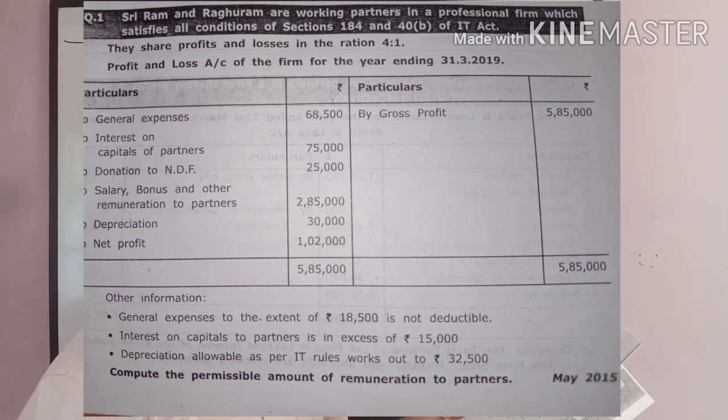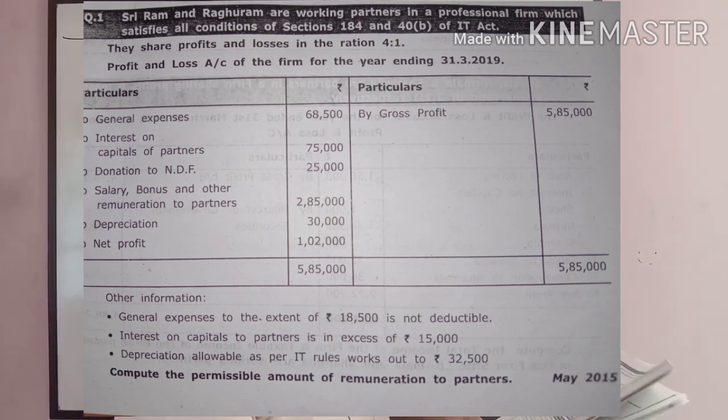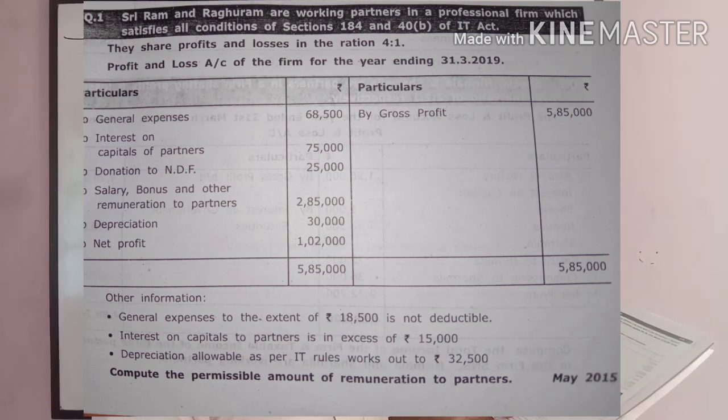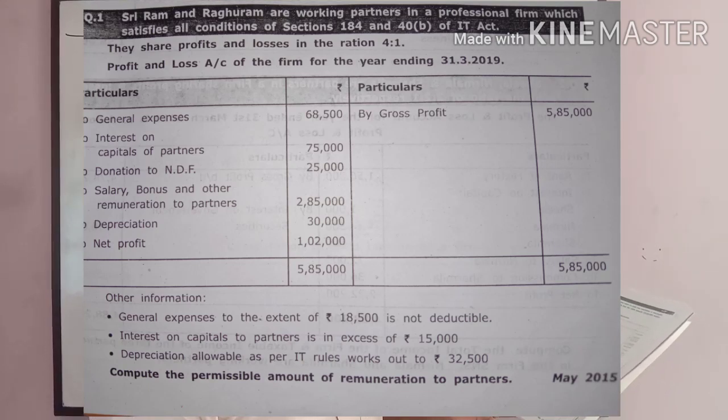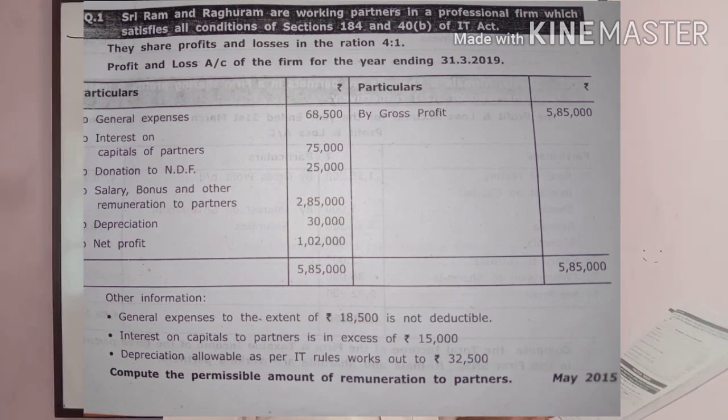General expenses 68,500, interest on capital of partners 75,000, donation to NDF 25,000, salary, bonus and other remuneration to partners 2,85,000, depreciation 30,000, net profit 1,02,000. By gross profit 5,85,000.